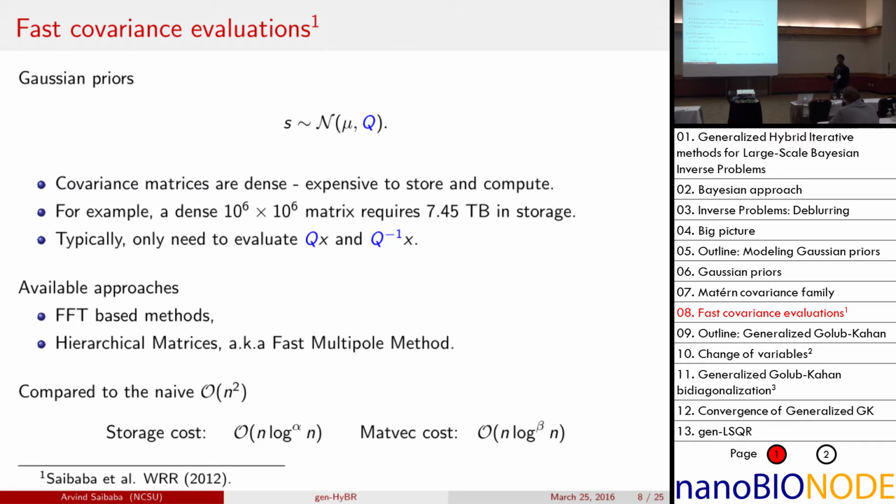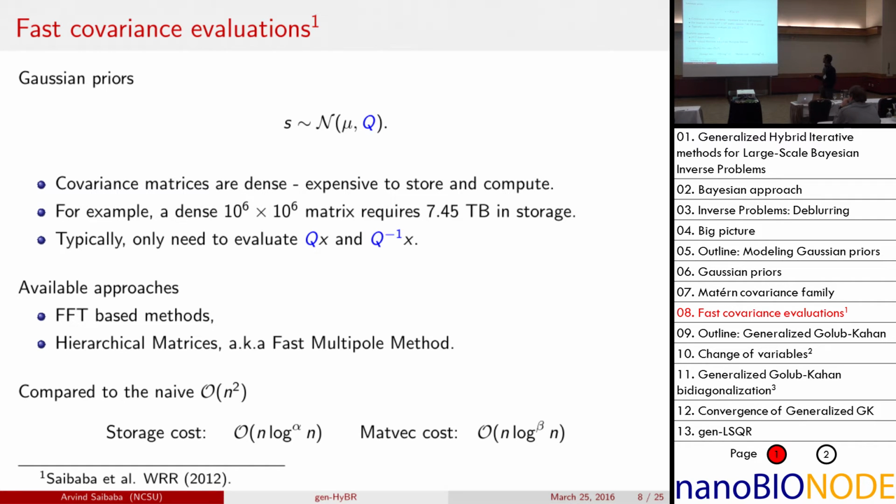But on an unstructured grid, for example a finite element method, you could use the hierarchical matrix approach, which is similar to the fast multipole method, if you've heard of this. This is something that I worked on a lot during my PhD, and if you are interested in this, you can look at this paper.